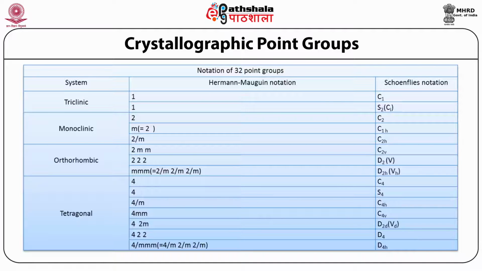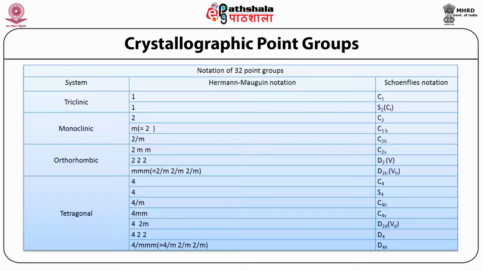The triclinic system has two Hermann-Mauguin notations, 1 and 1 bar, whereas the Schoenflies notation corresponding to 1 is C1 and corresponding to 1 bar is S subscript 2, within brackets capital C subscript I.